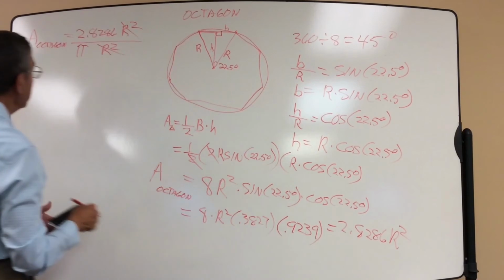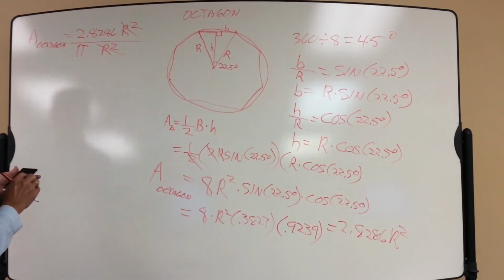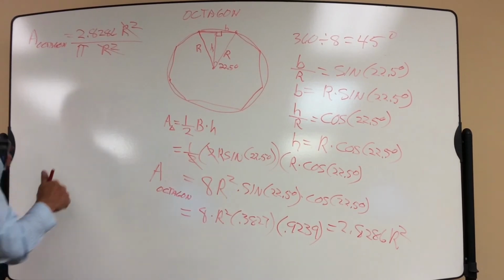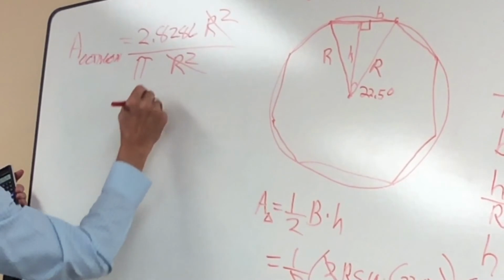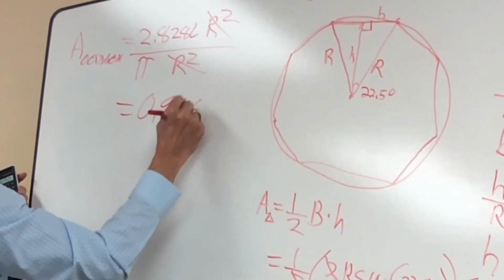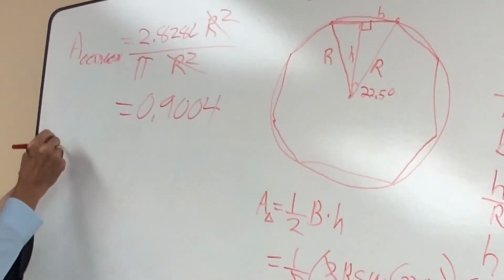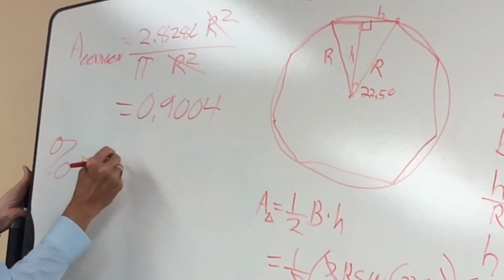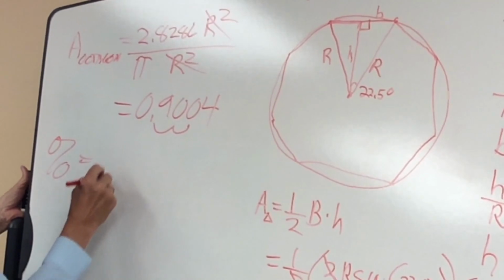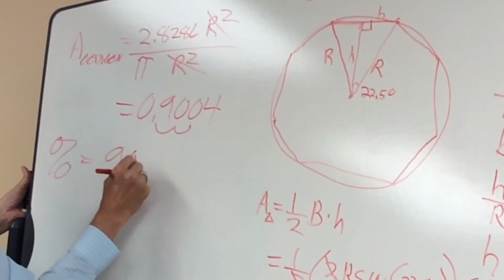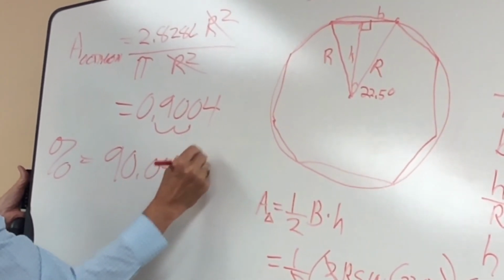And we'll now divide 2.8286 divided by pi. And we get 0.9004. Okay, so percentage-wise, move the decimal place 2 places, will be 90.04%.